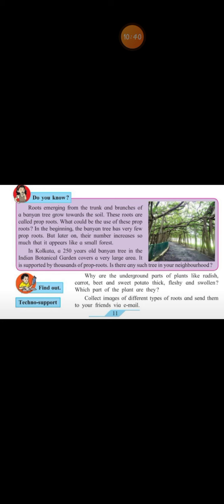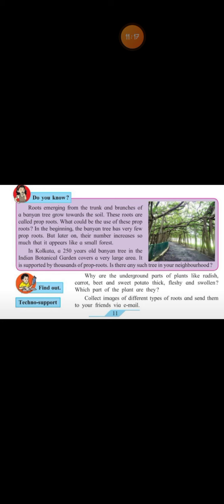Up till now, we had seen which two types of roots? Tap roots and fibrous roots, right, children? Now we are seeing prop roots. The best example of prop roots is that of a banyan tree. In the beginning, a banyan tree has very few prop roots, but later on, their number increases so much that it appears like a small forest.